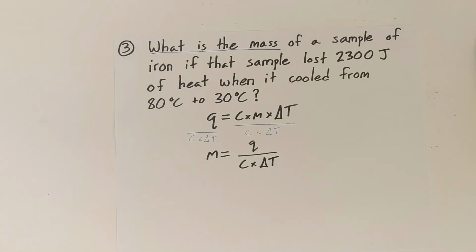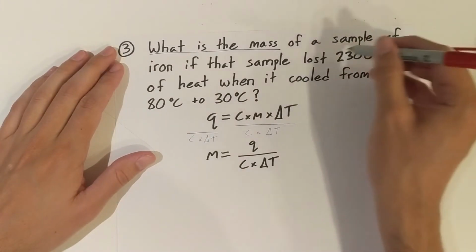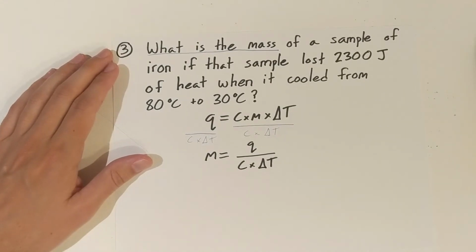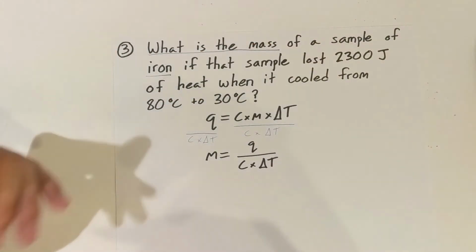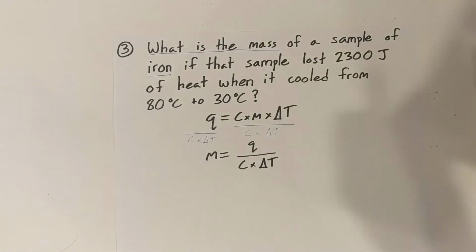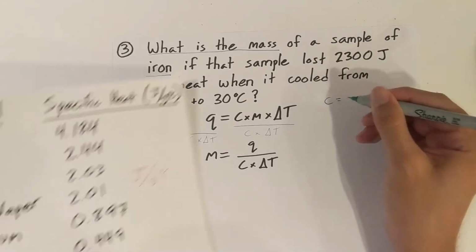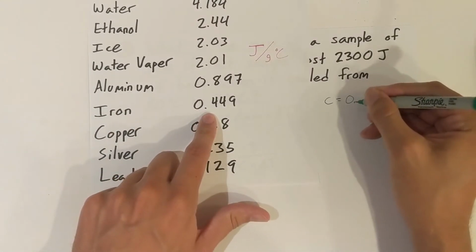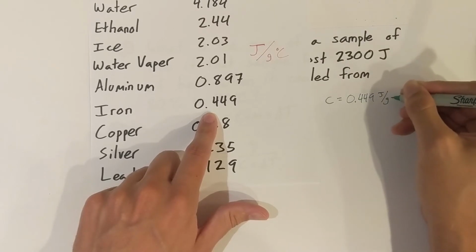We got our sample of iron. And if we have iron, we know our specific heat. So we could already find what C is. Iron has a specific heat of 0.449 joules per gram Celsius.